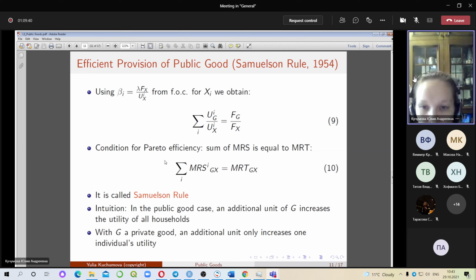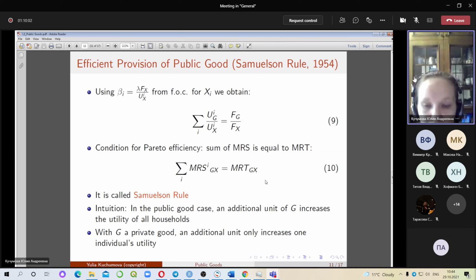This condition, condition 10, is called the Samuelson rule. It's from a long time ago, 1954, when Samuelson derived it, but it's still a very useful and important condition that we have to know. The intuition behind it is simple.